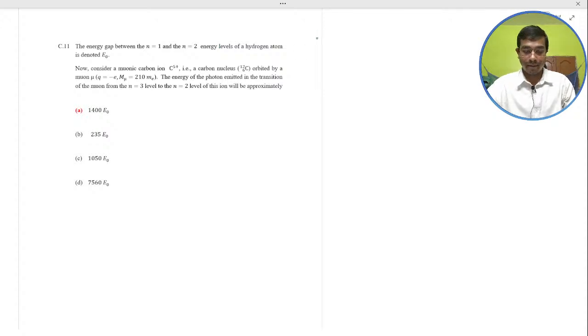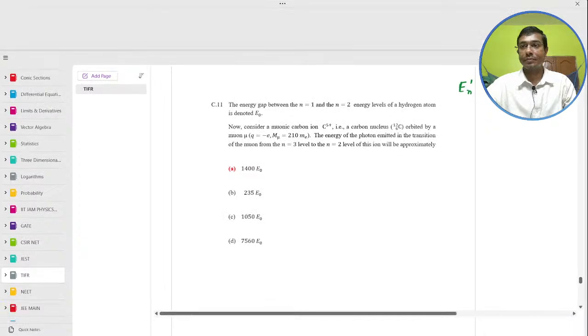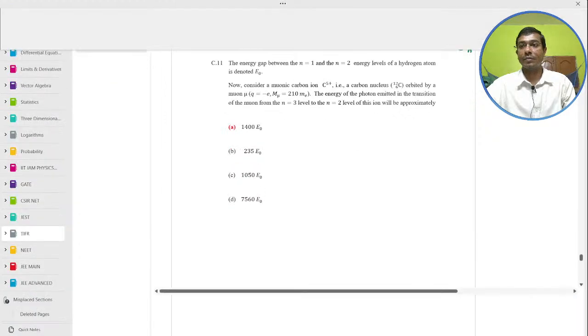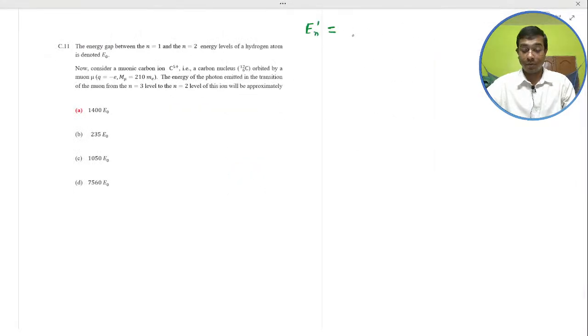Here it is given that En dash equal to mu by mass of electron into En. That means E naught equal to 13.6 into 3 by 4 into 1836 by 1837 electron volt.